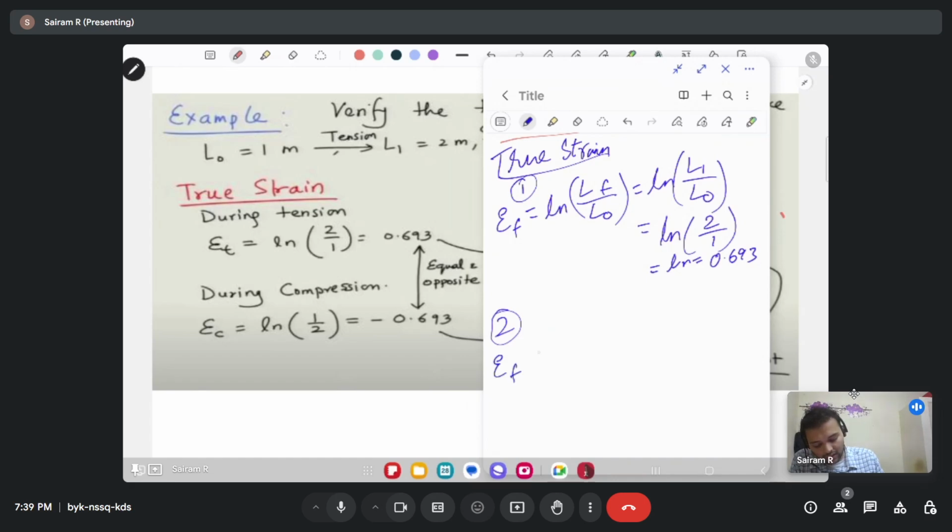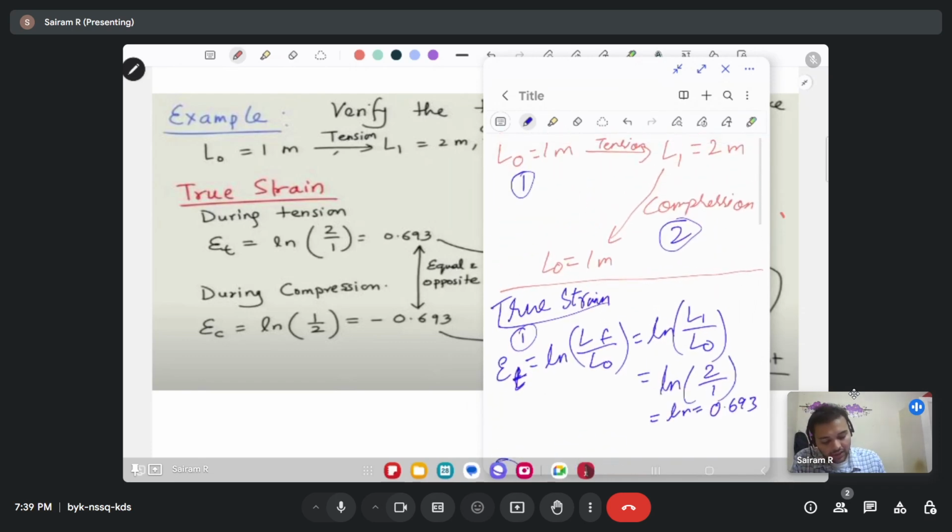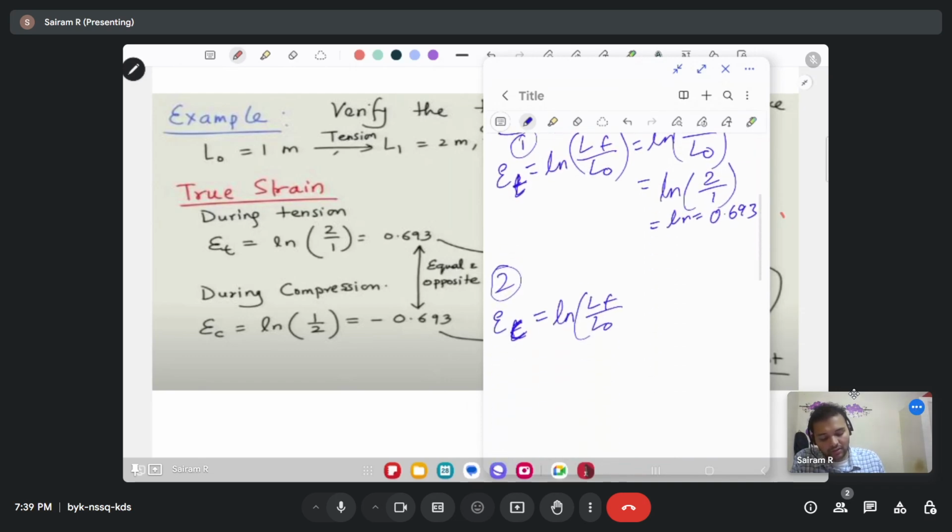Amazing. Now we'll compute the same strain for step 2. Here epsilon of compression. Okay, this is in tension, this is in compression, equals ln of Lf by L naught. What is the Lf and L naught in compression? Lf becomes 1 meter, and then L naught is actually 2 meters in this case of compression.